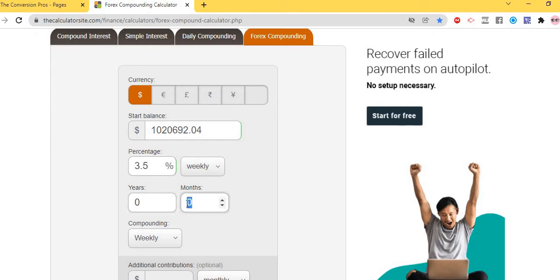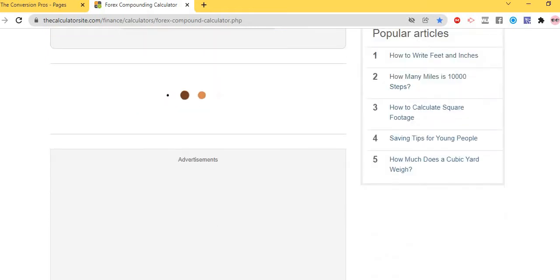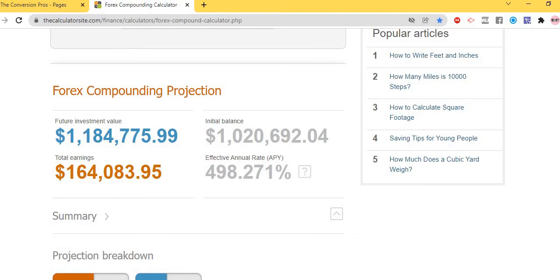I should do it for 3 years and show you what that looks like. Nah, we're not gonna do that, right? But you know it's gonna be crazy. So we're gonna do it for 1 month because we want to find out what our working capital is gonna look like. So we got 1 mil at 3.5%, and 1 month is compounding weekly for 1 month. Let's see what that number looks like. Oh my God.